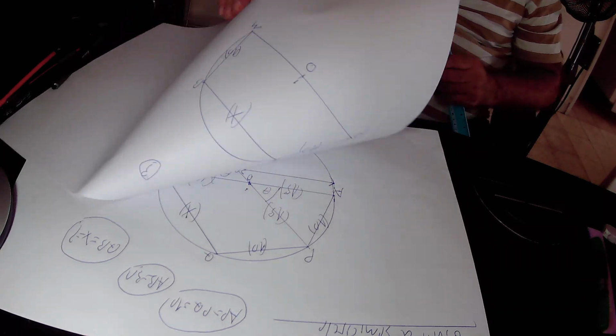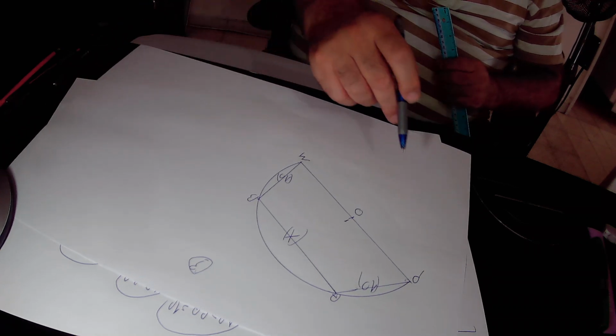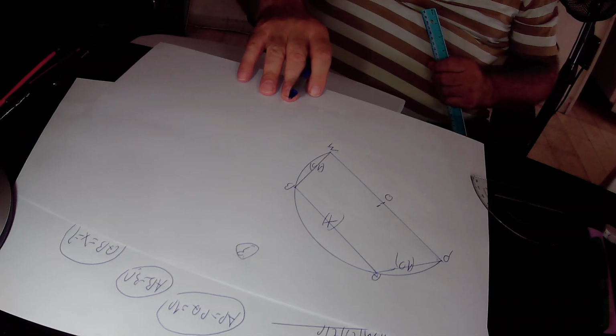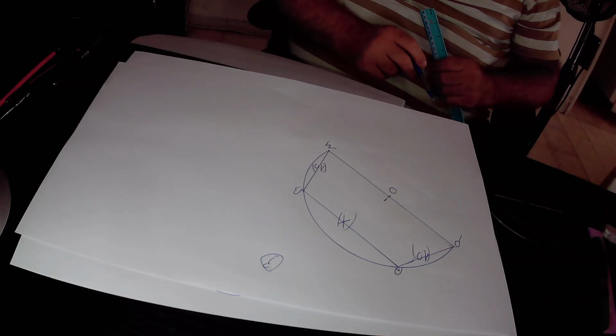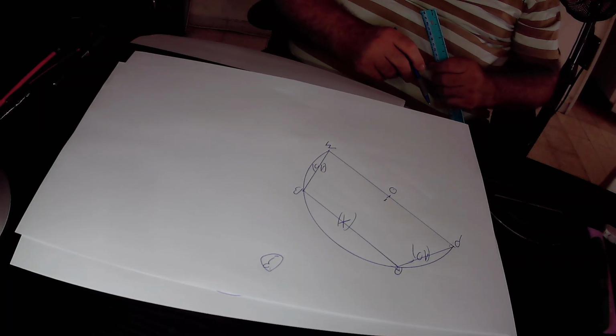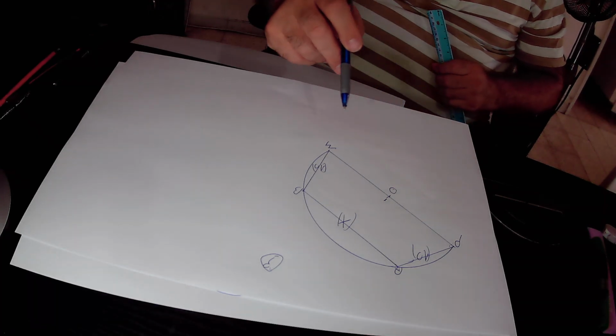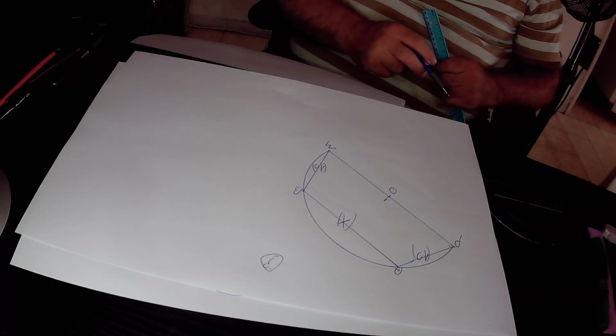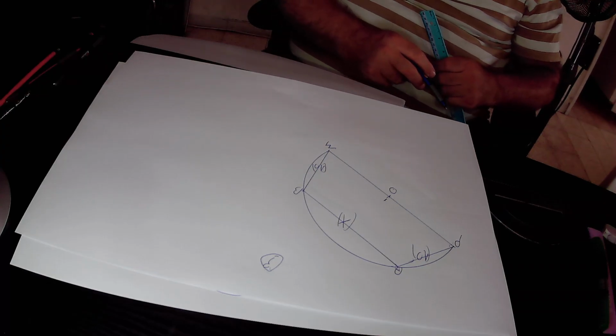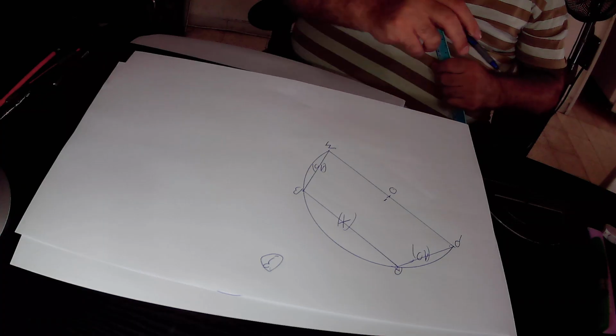So actually, this is the semicircle with the diameter PM that I copied from the original drawing. Point O is the center of this semicircle. PQ equals 10 units, MB equals 10 units, and QB is the missing line segment that we are looking for in this question. It is equal to X, and we have to find out the value of X.